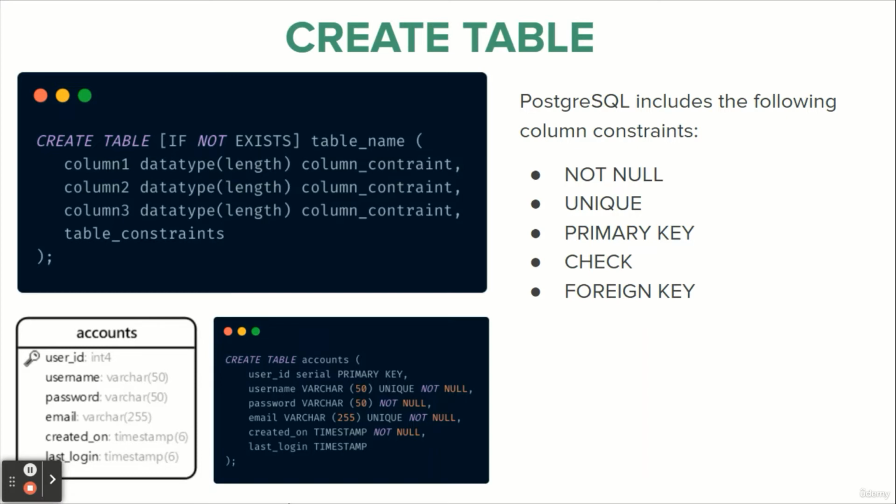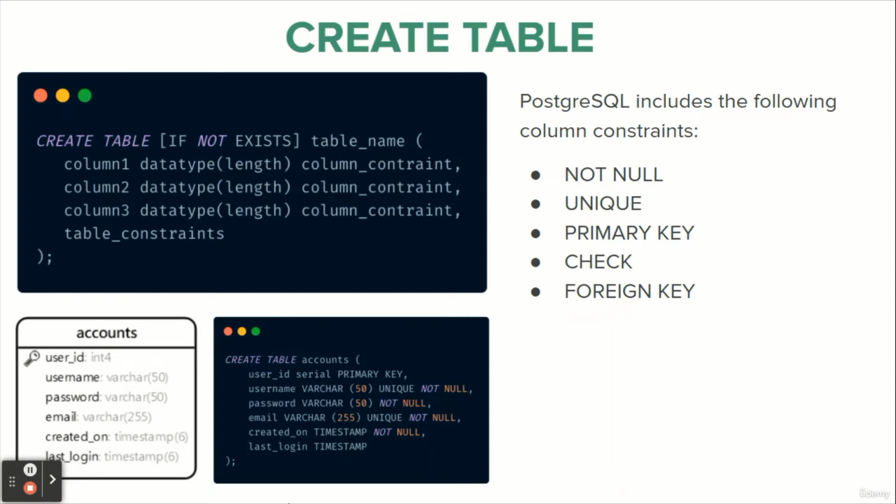Each column consists of the column name, the kind of data that the column stores, the length of data, and the column constraint. The column constraint specifies a rule that data must follow. The column constraints include not null, unique, primary key, check, and foreign key. Finally, specify the table constraints, including primary key, foreign key, and check.